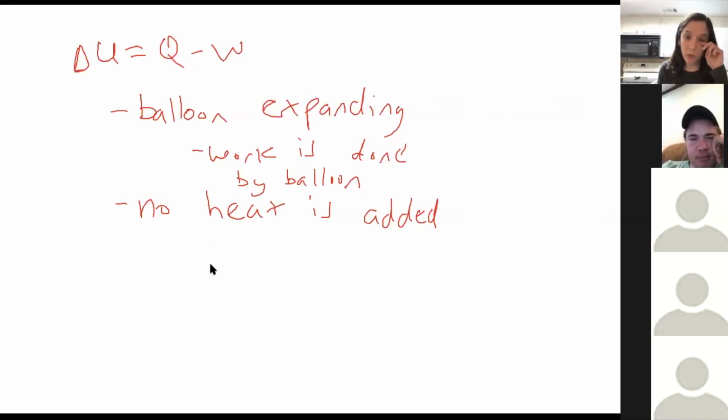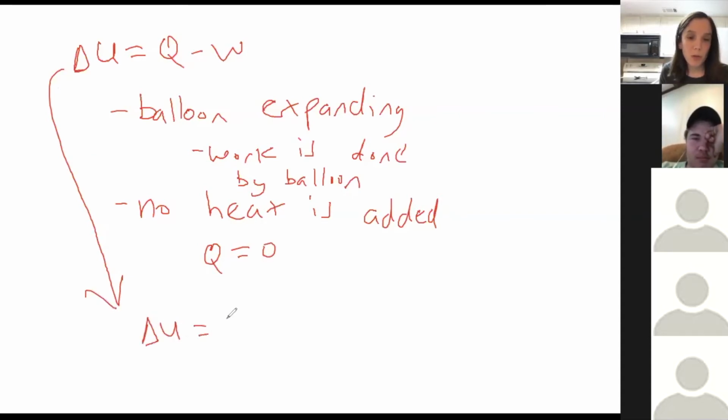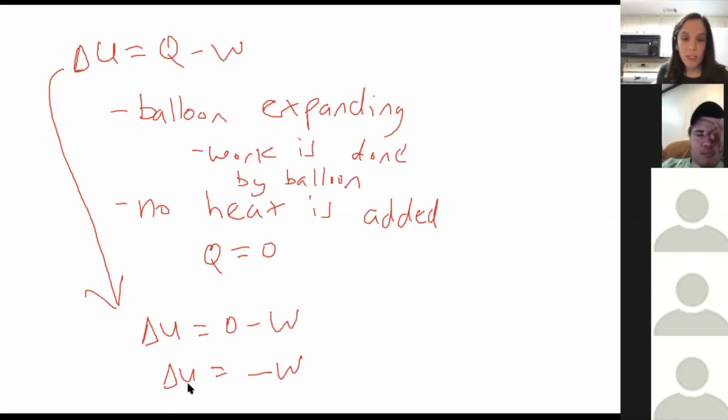But we said there's no heat added, so Q would be 0 in this instance. So use this equation right here. Delta U would equal 0 minus W. Delta U would equal negative W. And what this tells you is that there must be a decrease in U.